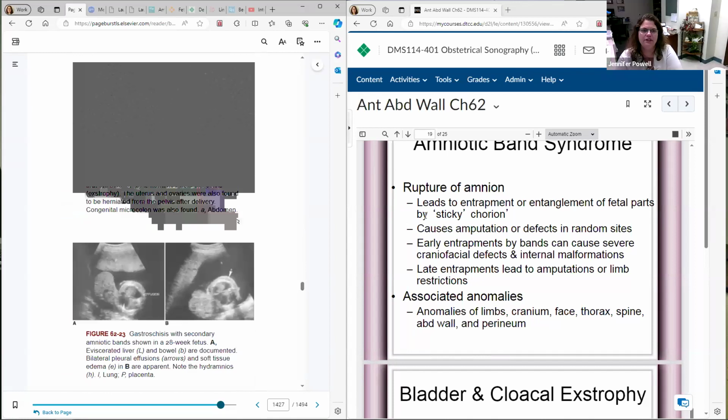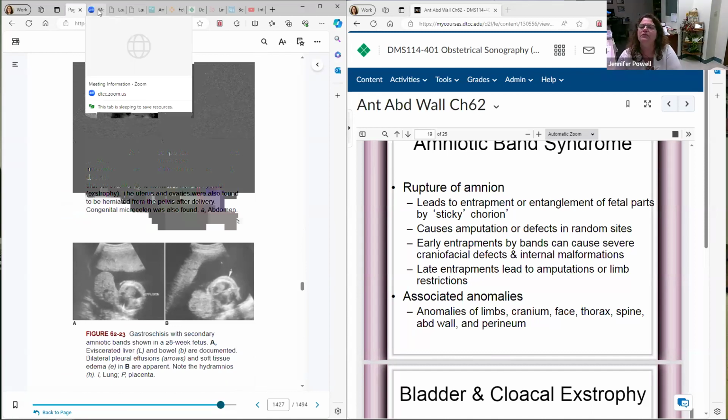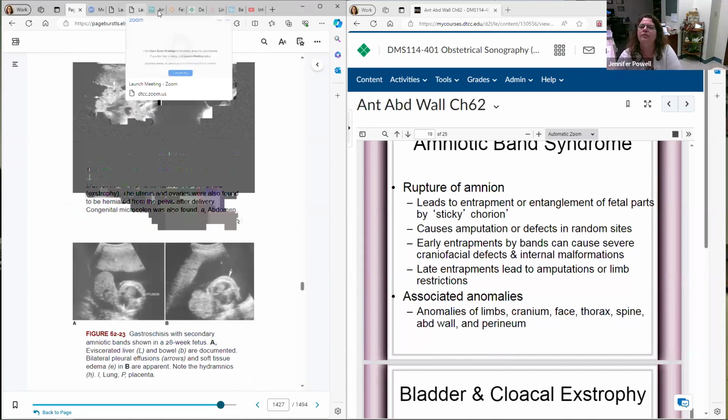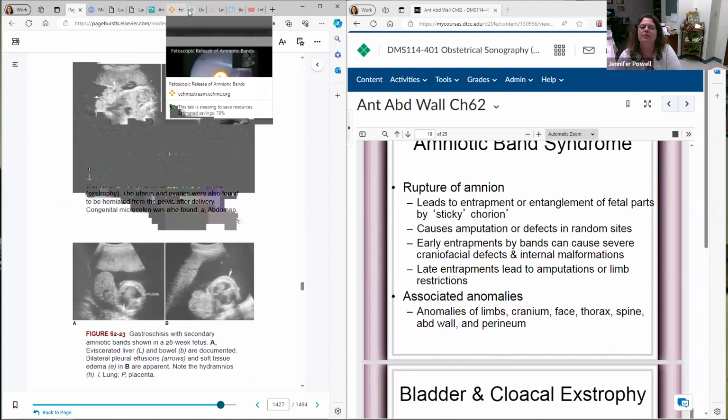Amniotic band syndrome leads to entrapment or entanglement of fetal parts by sticky chorion. So basically what happens here is the chorion and the amnion, the two layers that make up the fetal membranes, separate.